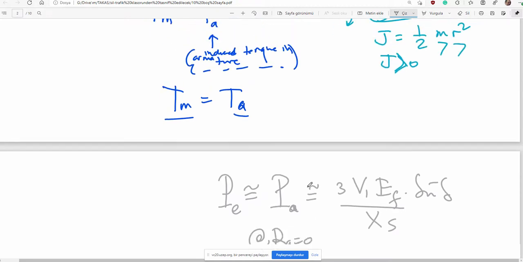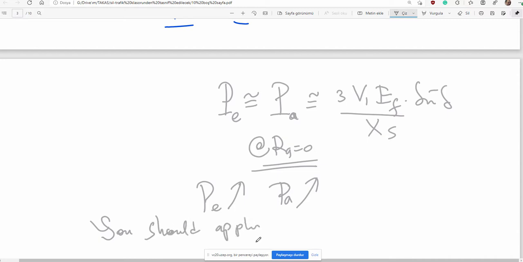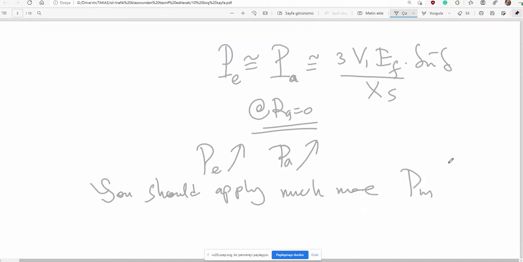Okay, here you see, to convert much more electric power, to supply much more electrical output, you should apply much more mechanical input power in terms of torque.